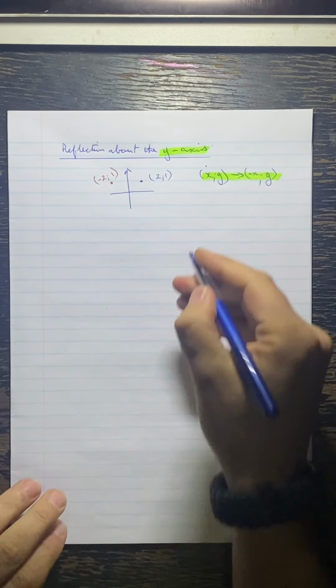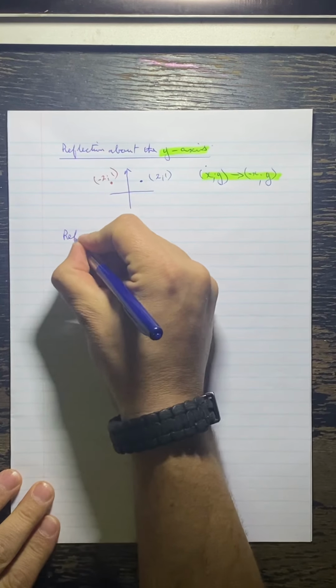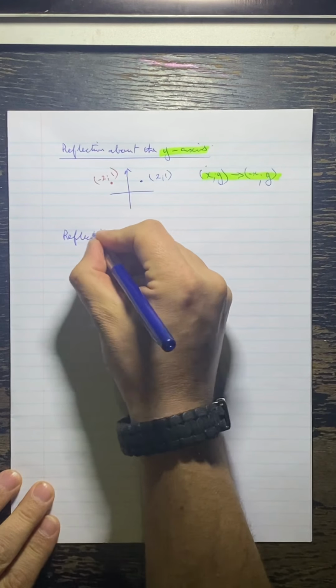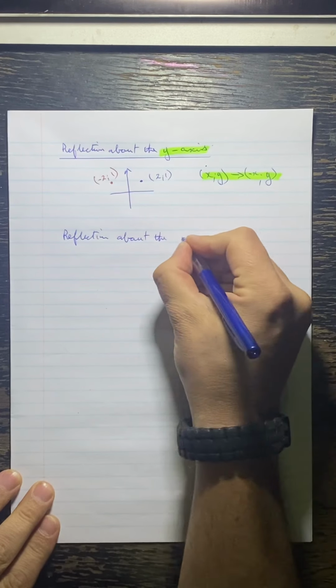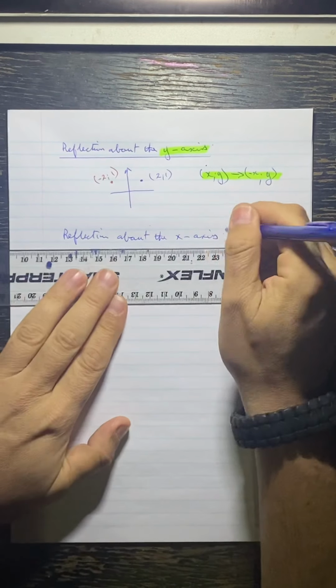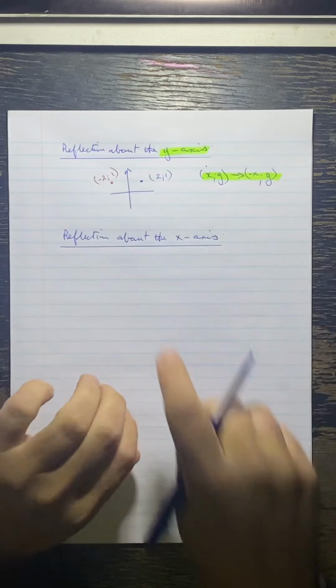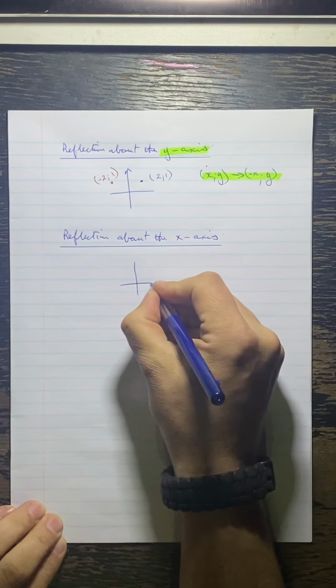Then, if we have a look at a reflection about the x-axis, we can see what happens now. So again, I'm just going to use this little example that I have here, but it'll work for any point, guys.